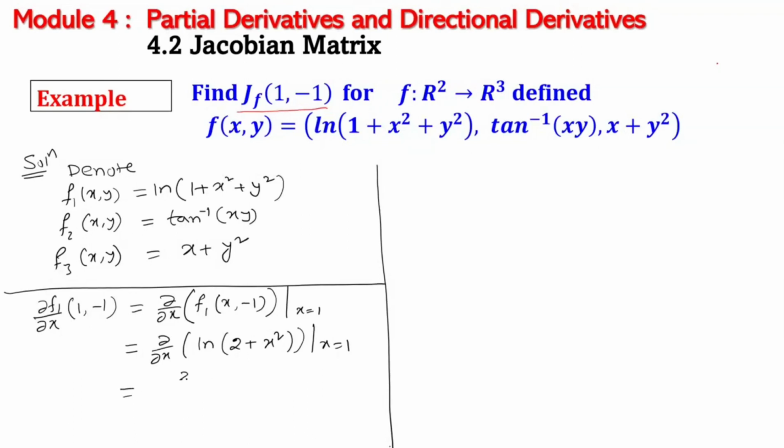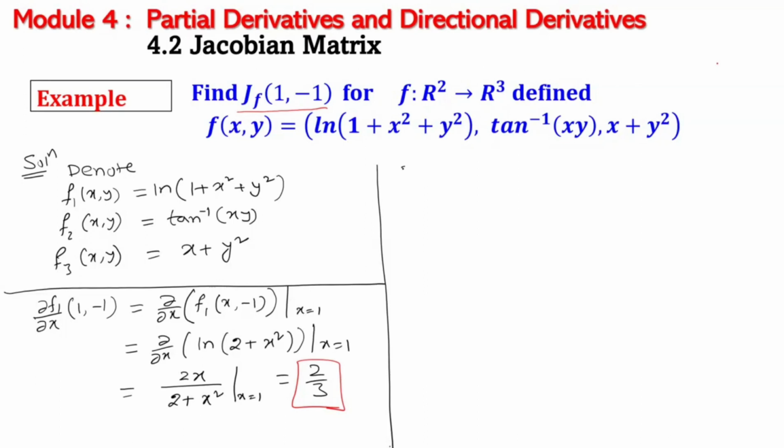The derivative of this is 2x over (2 + x^2) at x equal to 1, so this will be 2 over 3. So we got our first entry of the matrix, 2 by 3.